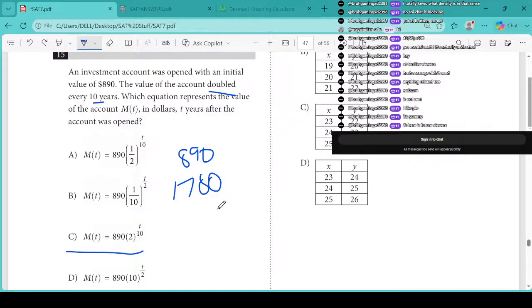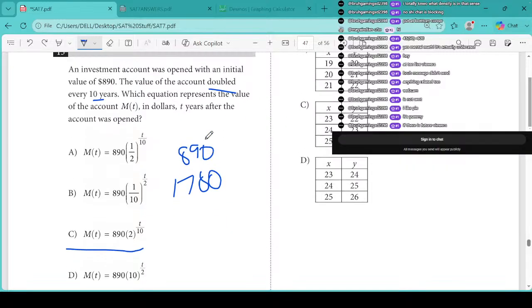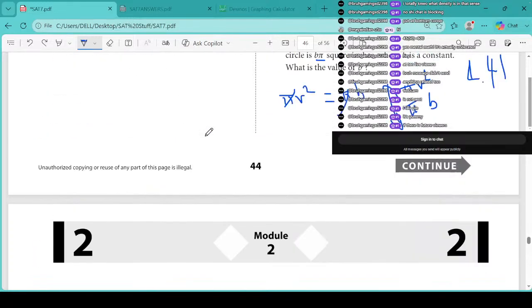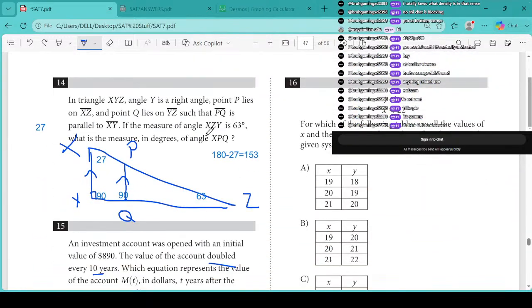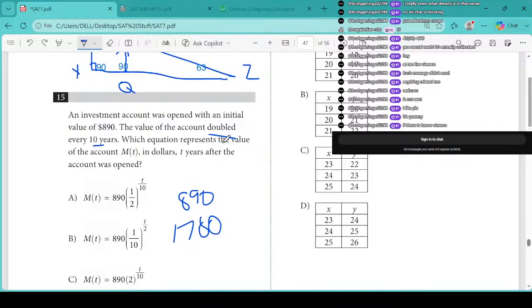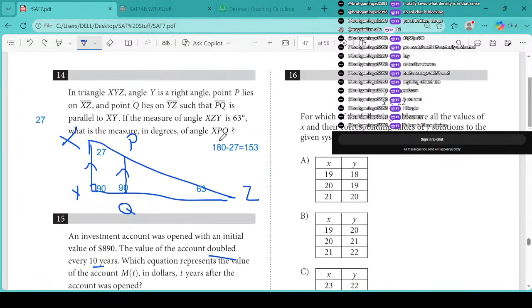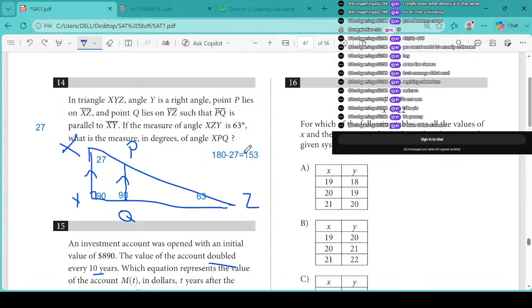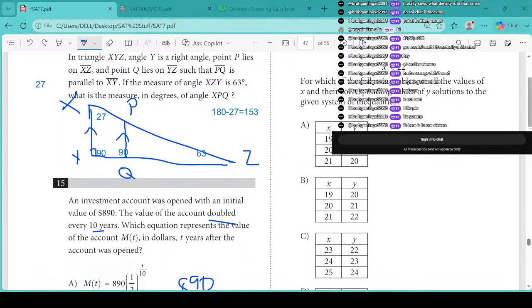It might take a long time, but you will probably not be short on time on module 1. Be careful on module 2 though, because everyone is always short on time during module 2. At least I'm short on time in module 2. Yeah, chat.